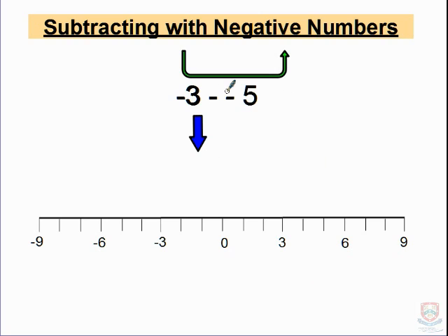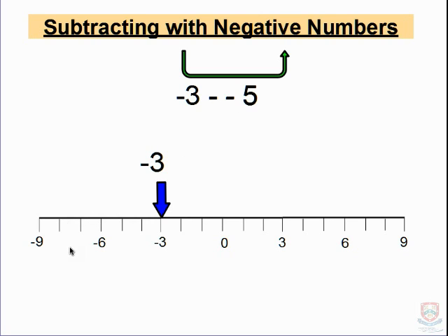-3 take away -5. If you'd like to pause the video now and have a go at this, please do. Our starting position is -3. So we're 3 numbers below 0. If we want to take away 5, we would move to the left 5. 1, 2, 3, 4, 5.